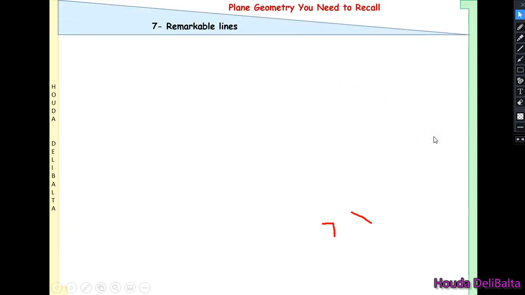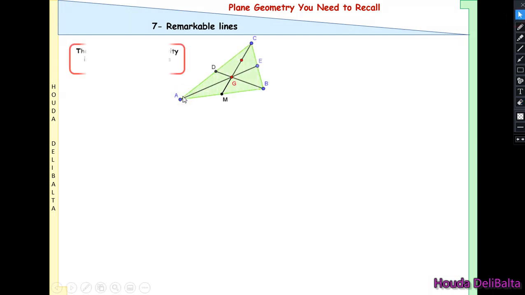And now we are going to make a little revision for the remarkable lines. What are the remarkable lines? Let's start. As you see in this triangle ABC, CM, BD, and AE are medians. They are joining the vertices to the midpoints.